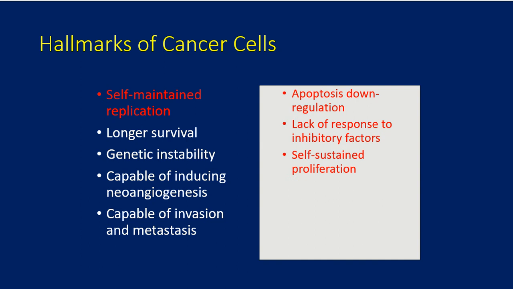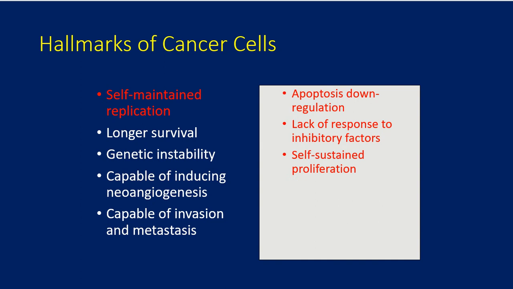In this case, a downregulation of apoptotic pathways leads to accumulation of cells that are not healthy or that contain mutations. A second way is through lack of response to inhibitory factors. All the time in our body, whether a cell is growing or not, the cells are surrounded by a lot of chemical and protein signals, and these signals act as growth inhibitors as well as growth enhancers, or growth factors.